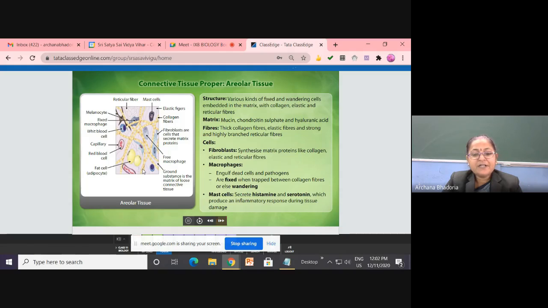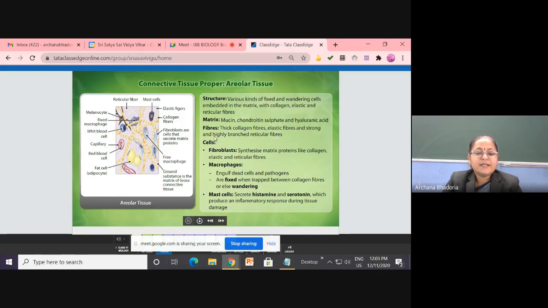So 3 different types of the fibers are there. Collagen fibers, they are thick, they are not elastic. The other one, the elastic fibers, they are yellow in color. The yellow colored fibers, they are the elastic fibers. They are unbranched.